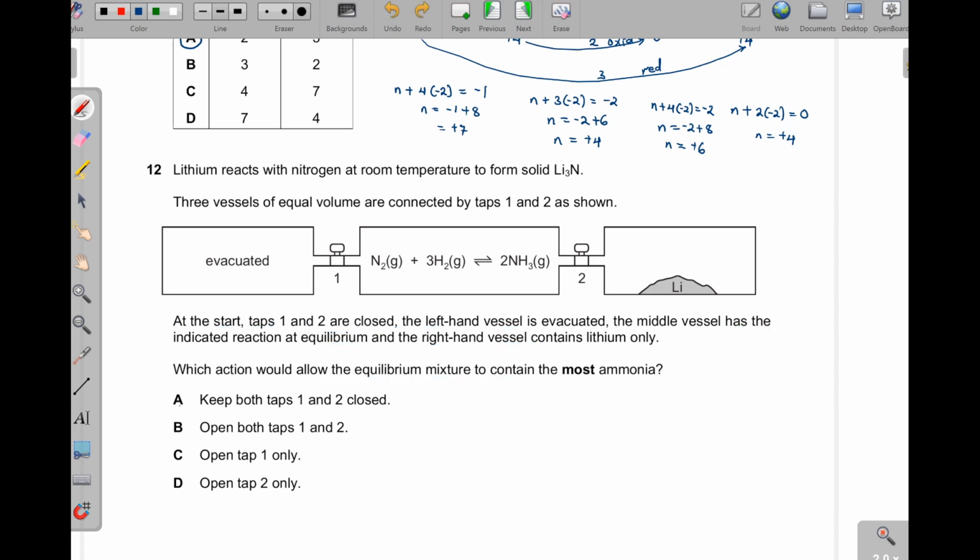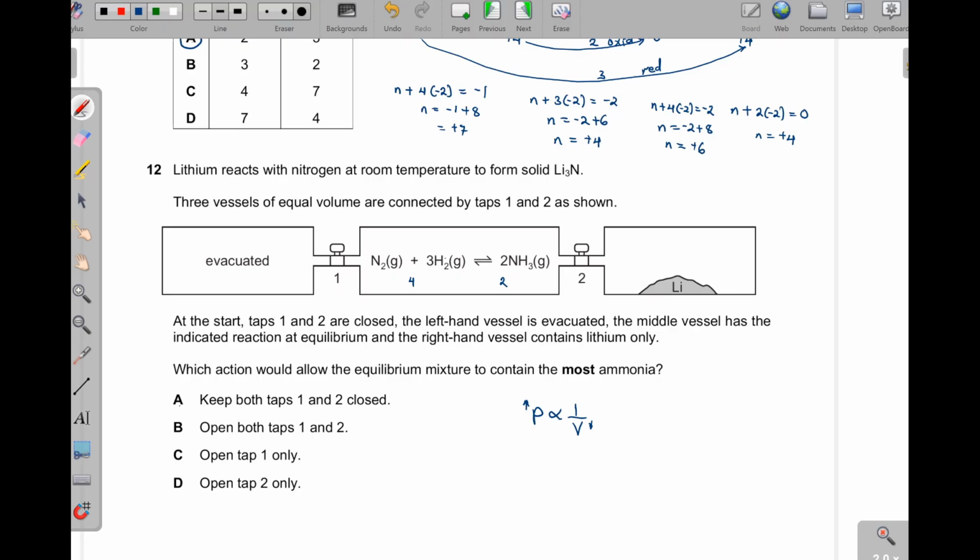Now, you have this equation here for ammonia, and if we look at the total number of moles here is 4, the total number of moles this side is 2. So if we want to get more ammonia, okay, using Boyle's law, pressure is inversely proportional to volume. So if I increase the pressure, volume will decrease.